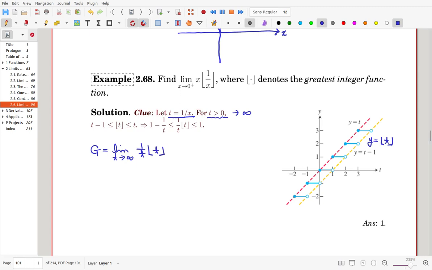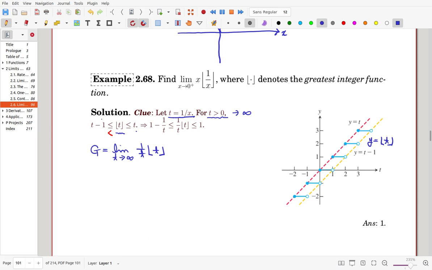So here we analyze a little bit for that term. The greatest integer of t is always bounded above by t and always larger than or equal to t minus 1. More precisely, as you can see from the graph, it is always larger than t minus 1, since there is no overlap, but this inequality is also okay.